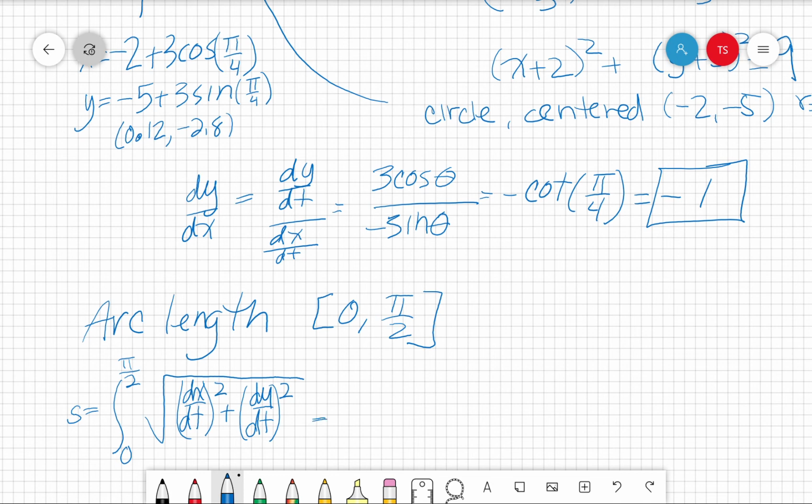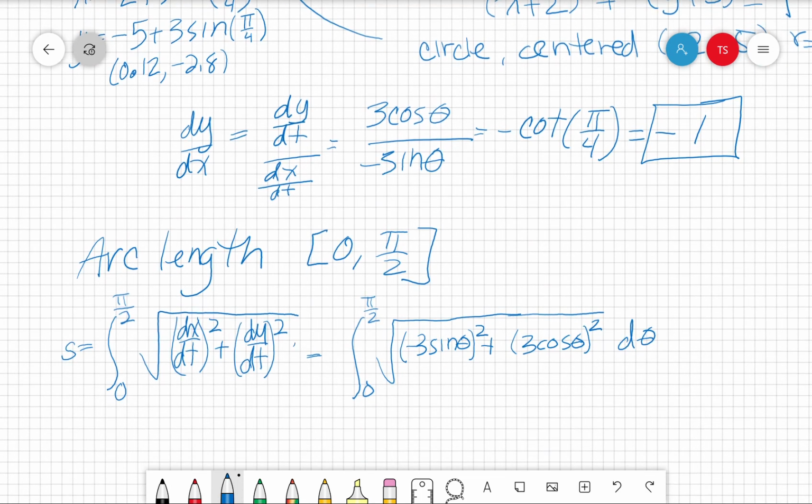So this is going to be equal to the integral from 0 to pi over 2 of the square root of dx/dt, which we have here, is -3 sine theta squared plus dy/dt, which is 3 cosine theta squared d theta. Should put d theta here.